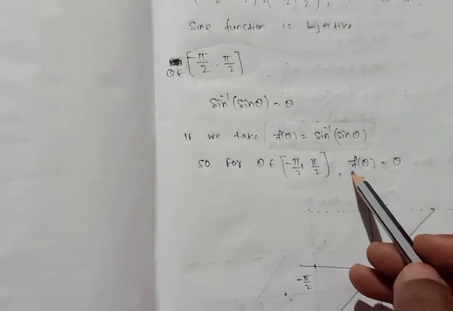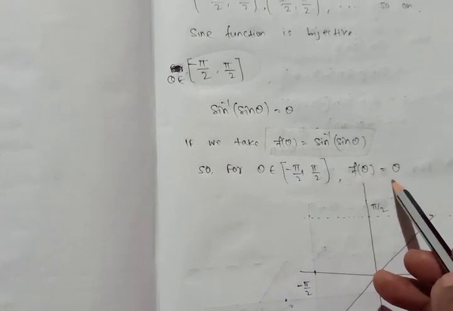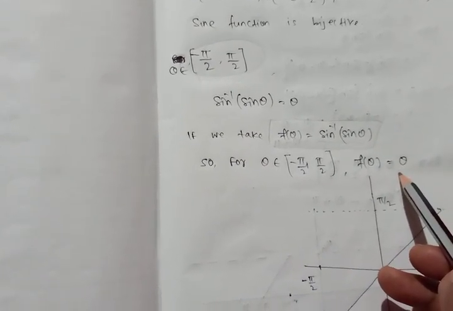So this is like f of x is equal to x. This is nothing but the identity function.